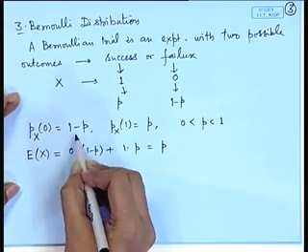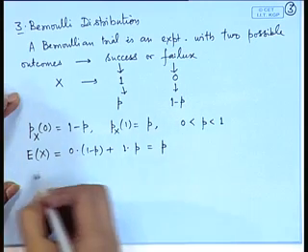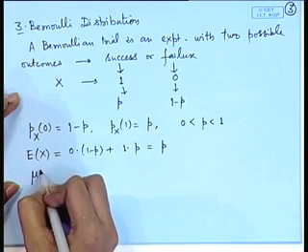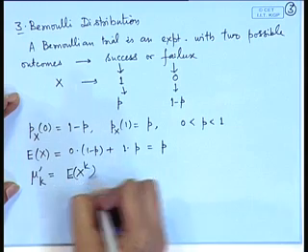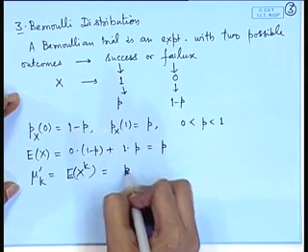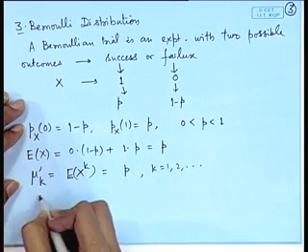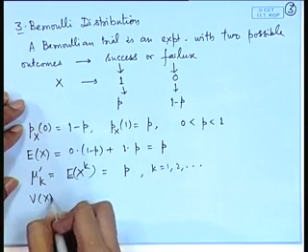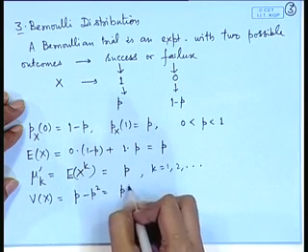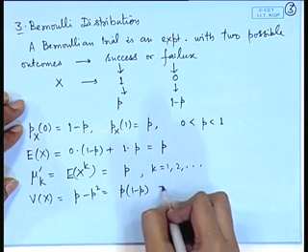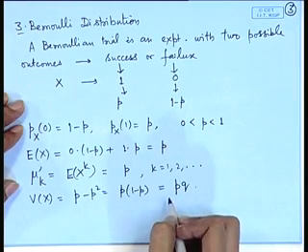Since the values taken are only 0 and 1 and any powers of 0 and 1 are also the same, in general the moment of kth order, expectation of x to the power k, will be equal to p for k equal to 1, 2 and so on. Therefore, the variance of this distribution is p minus p square, that is equal to p into 1 minus p. 1 minus p many times we write as q also. So, it is pq.